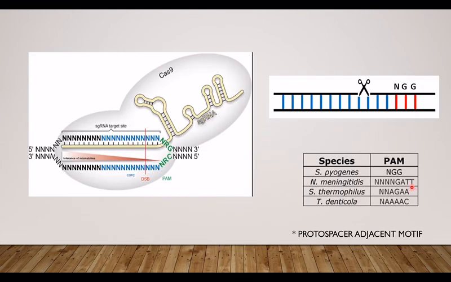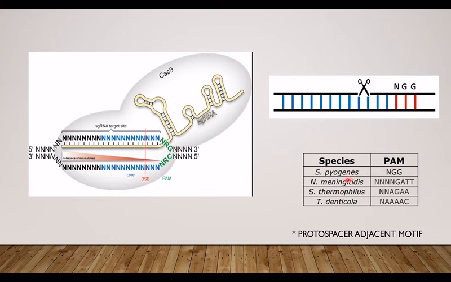This is a different PAM sequence. The PAM sequence has its own significance. For example, even if the Cas protein and all the factors necessary to facilitate a double-stranded break are present, if there is no PAM sequence right next to the target, the double-stranded break will not be made.